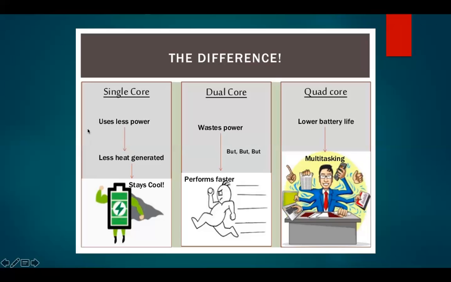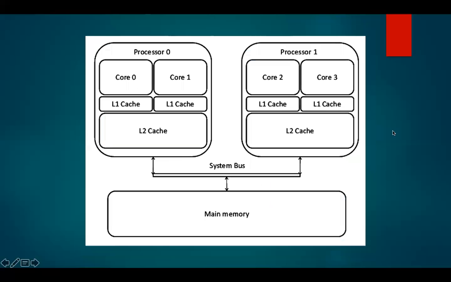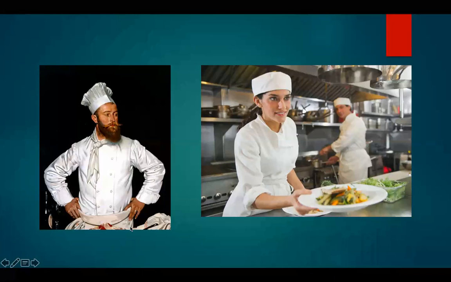Sandavi, what do you think? What is dual core? Okay, if you don't know this concept, let me quickly show you one example. Here you can see one chef in a kitchen. Then the second image, you can see two chefs. Who cooks faster? One or two? The second image.